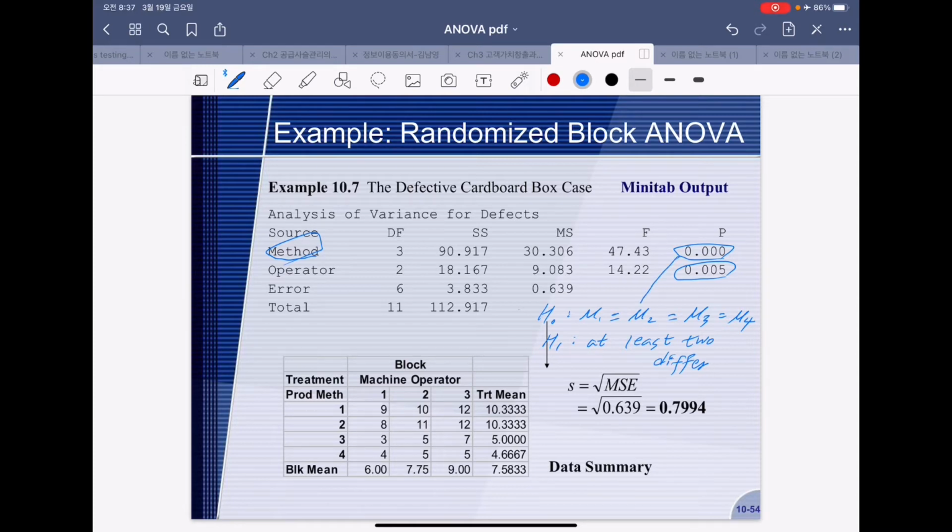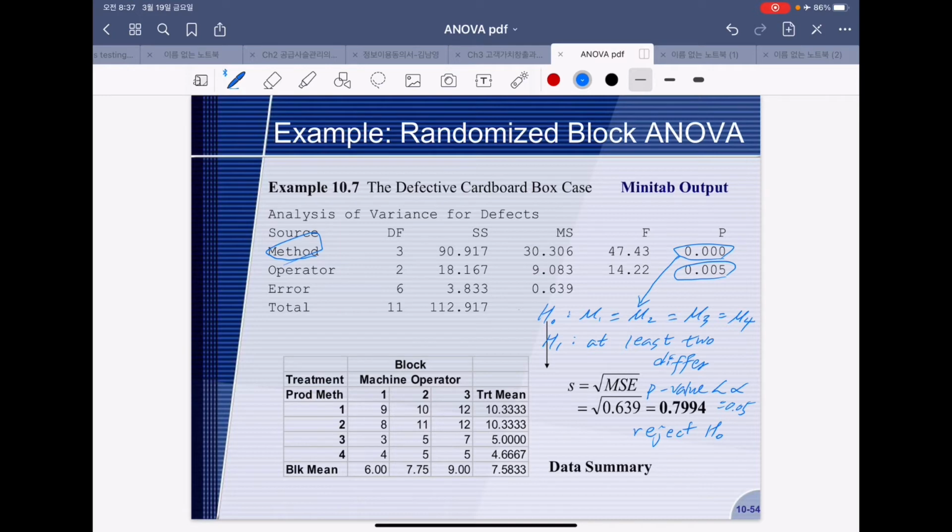Since the p-value is less than alpha, let's say alpha is 0.05, we are going to reject the null hypothesis. Rejecting the null hypothesis means you support the alternative hypothesis.